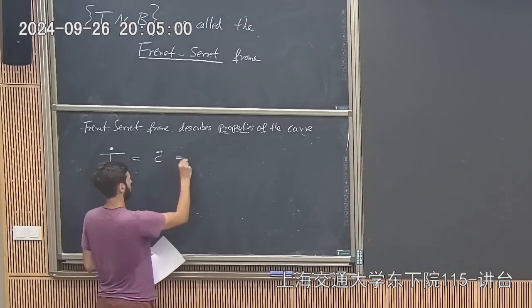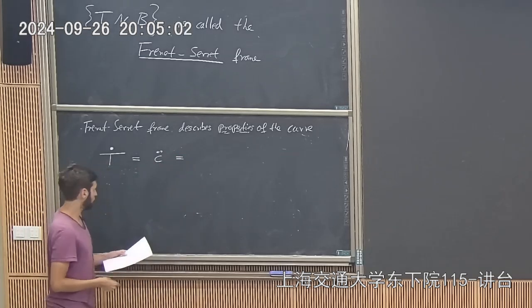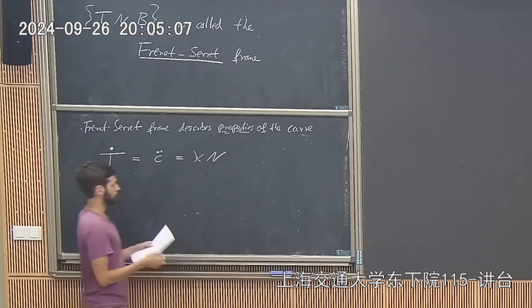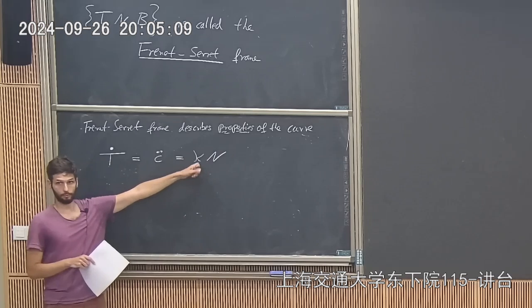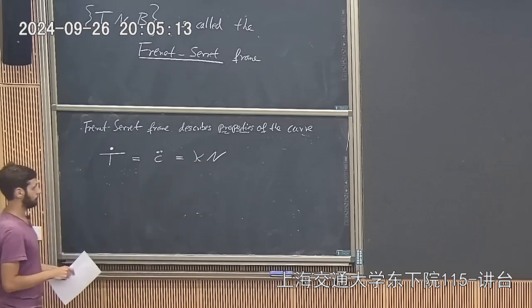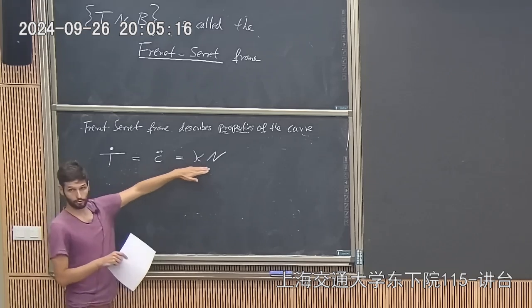And now we use the fact that this one is almost the normal vector. So we can rephrase that in terms of the normal vector, but normalized with the curvature. That's essentially just the definition of the curvature.